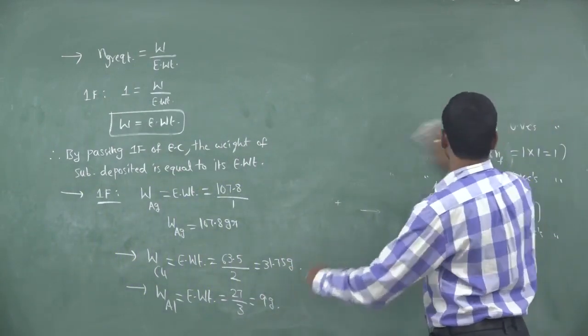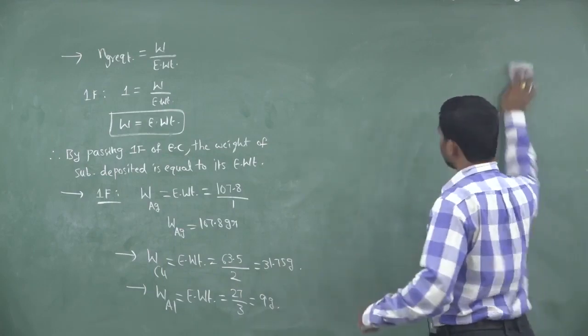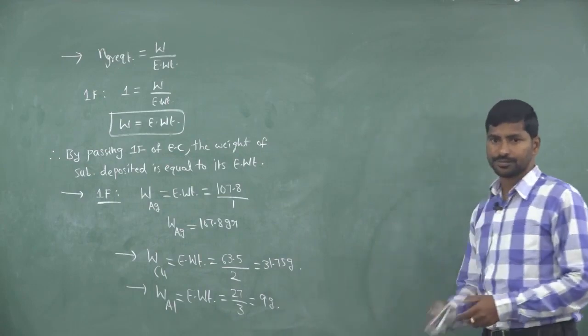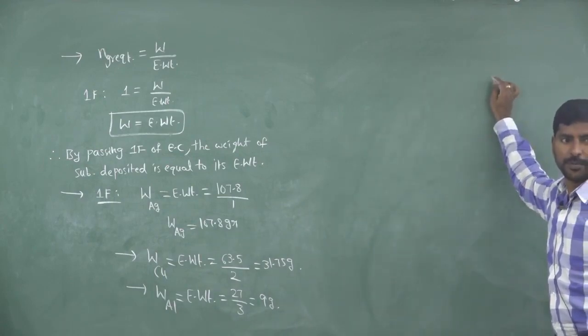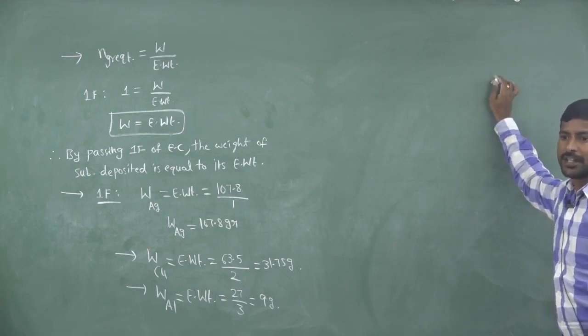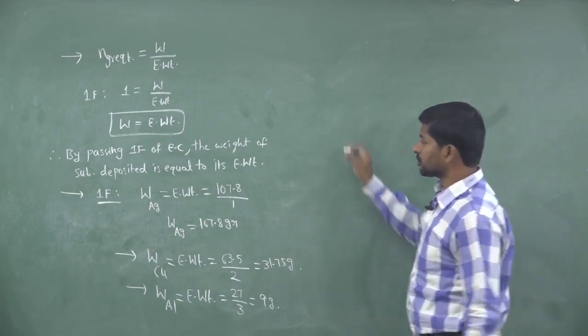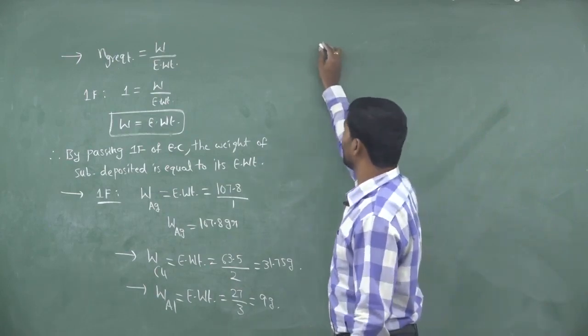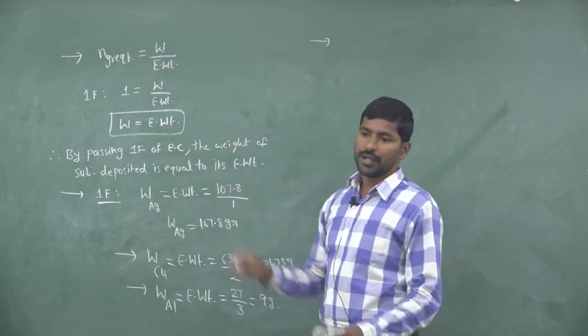If you pass 2 Faradays, what is the weight of aluminum deposited? 18 grams. If you pass 1 Faraday, 9 grams of aluminum will be deposited; if you pass 2 Faradays, 18 grams, and so on. So by passing 1 Faraday, the weight of substance deposited is nothing but its equivalent weight.